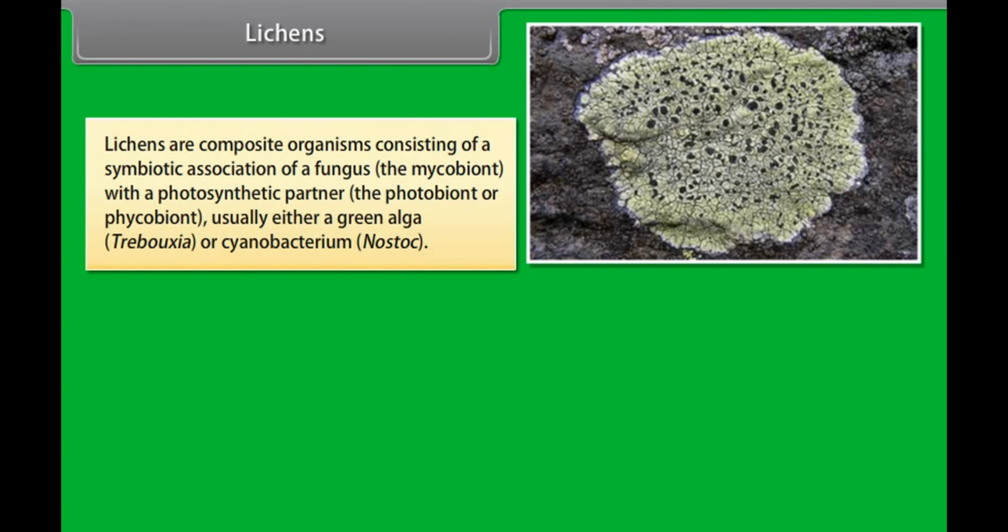Lichens are composite organisms consisting of a symbiotic association of a fungus, that is, the mycobiont, with a photosynthetic partner, that is, the photobiont or phycobiont. Usually either a green alga, that is, Trebouxia, or a cyanobacterium, that is, Nostoc.